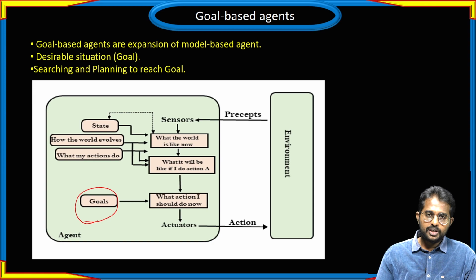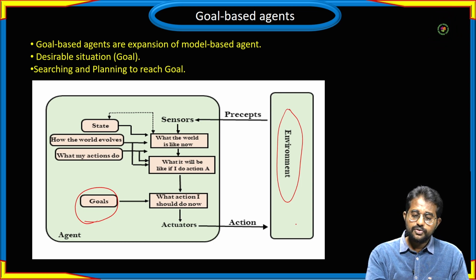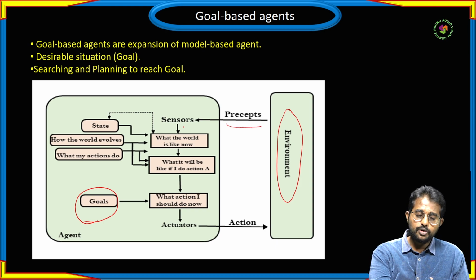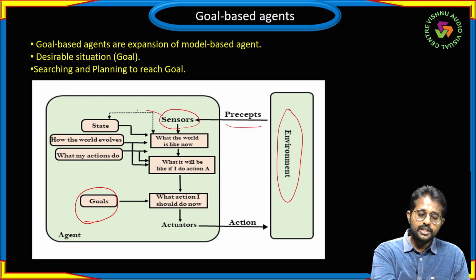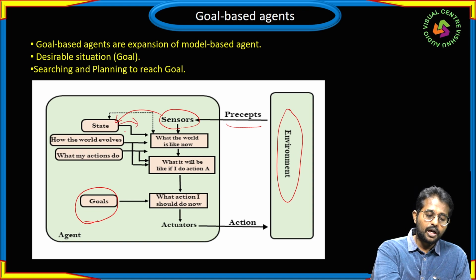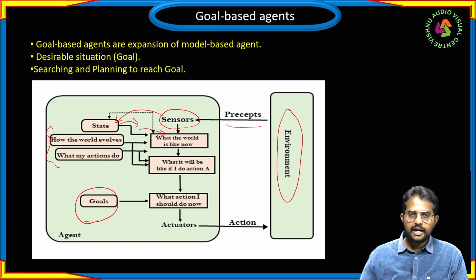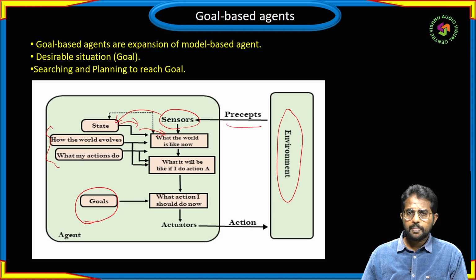Here it is the same as the model based agent. This agent will be deployed in the environment, and whatever changes there are in the environment will be perceived using the sensors and saved in the state. Using current perception data and also history, we will get a decision. Based on that decision, I have to do some action.